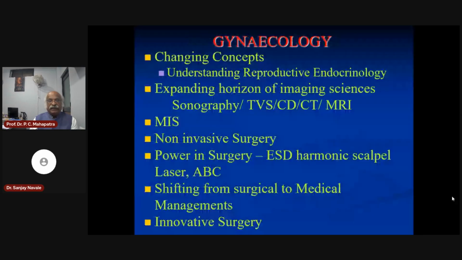For example, in endometriosis, medical management is now taking over from surgical management, starting from GnRH analogs. Same with myoma: instead of myomectomy, ulipristal is a medical management. I hope research will produce more medical managements and innovative molecules so that surgery will be less and less and medical management more and more.